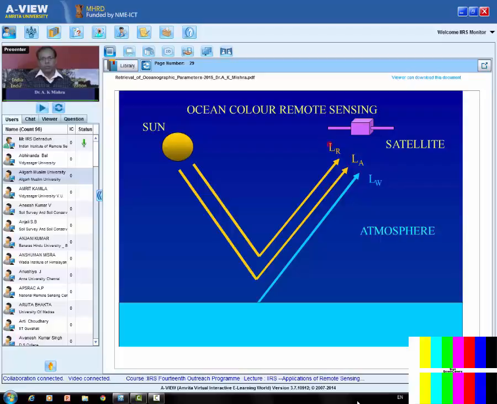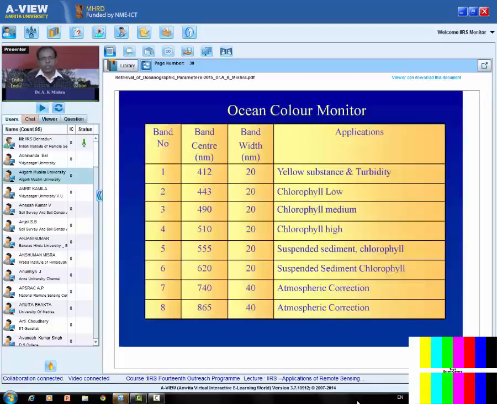So we have to remove LR and LA from the total radiance received at the satellite sensor to obtain the water leaving radiance. This is known as the atmospheric correction procedure.